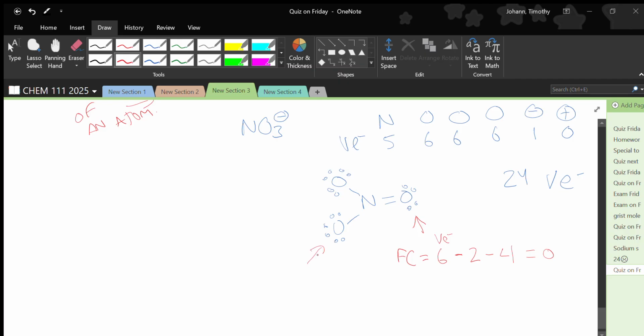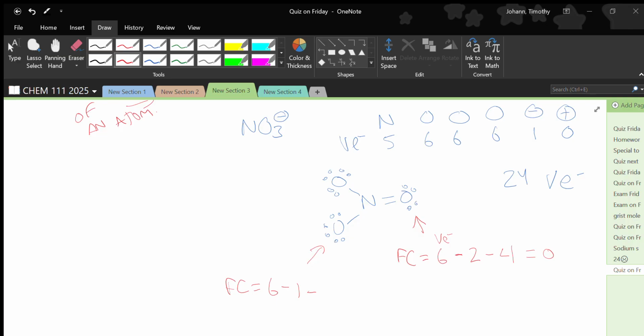How about this one? Formal charge is equal to 6 for oxygen again. How many bonds to it? Come on, you guys want to get out on time, right? 1. Minus how many unshared electrons does it have on it? 6. You guys see this? 1, 2, 3, 4, 5, 6.